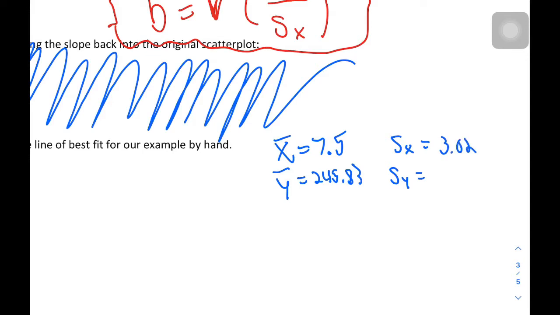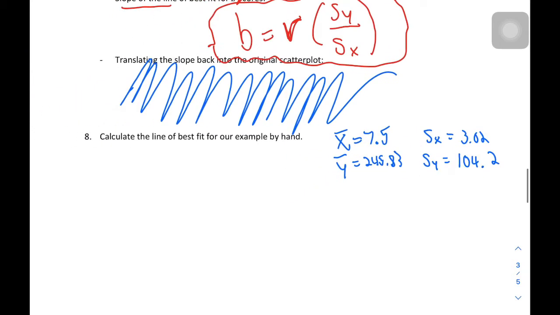We could figure these out using the original data points, but let's say the problem gave you this and said, okay, on average you buy 7.5 jeans and their average cost is $245.83. Given these standard deviations, can we calculate the line of best fit by hand?